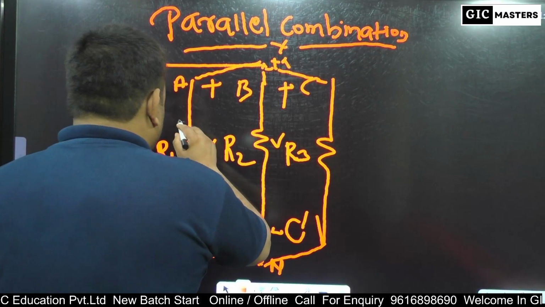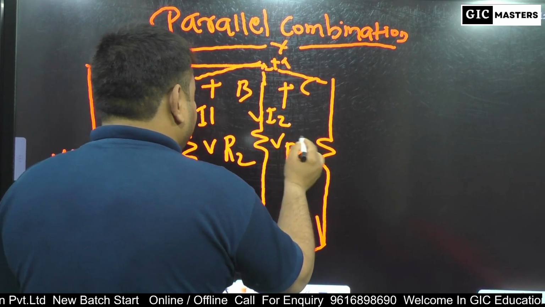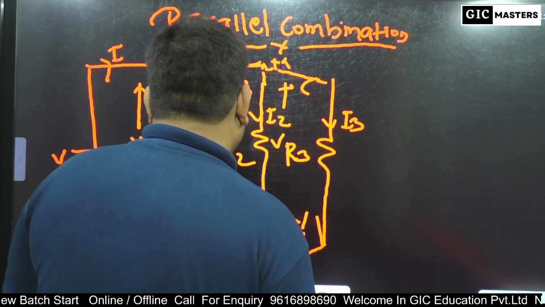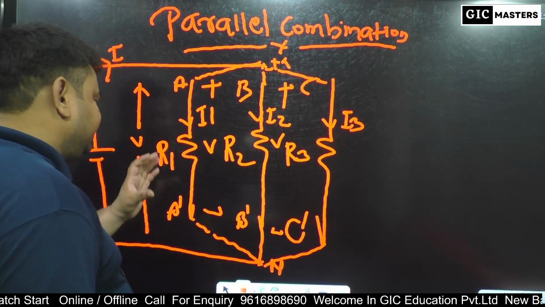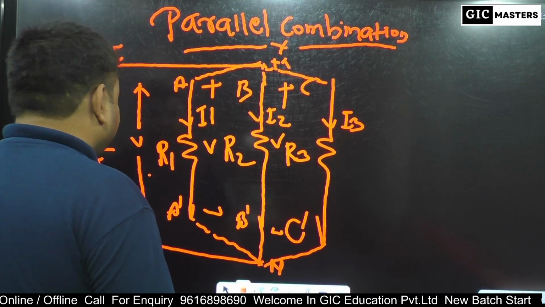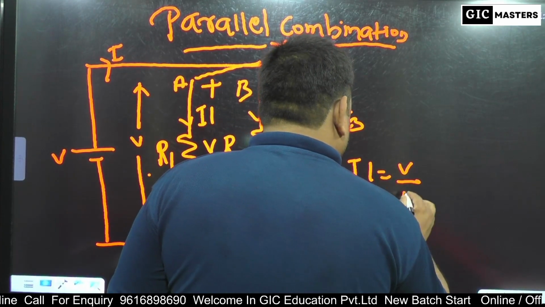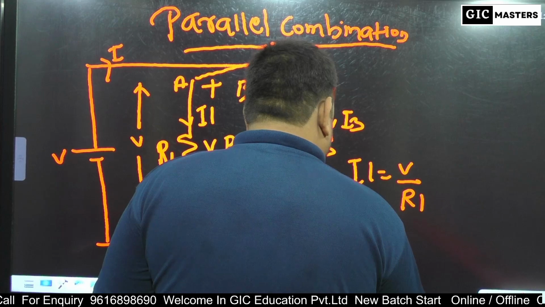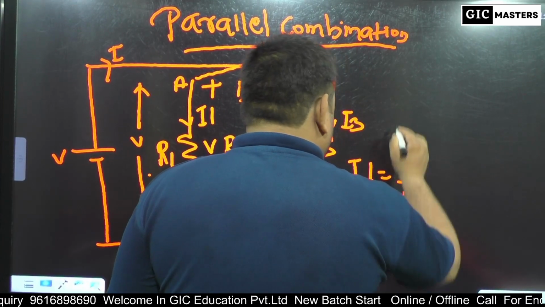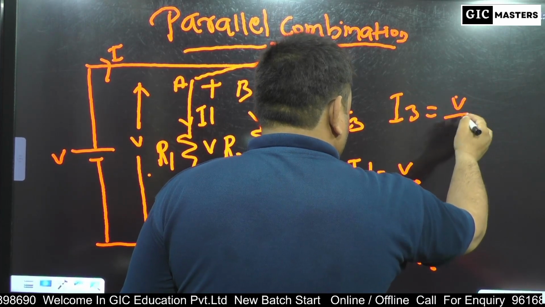The current through R1 is I1, the current through R2 is I2, and the current through R3 is I3. Since voltage is the same in a parallel combination, I1 equals V upon R1, I2 equals V upon R2, and I3 equals V upon R3.